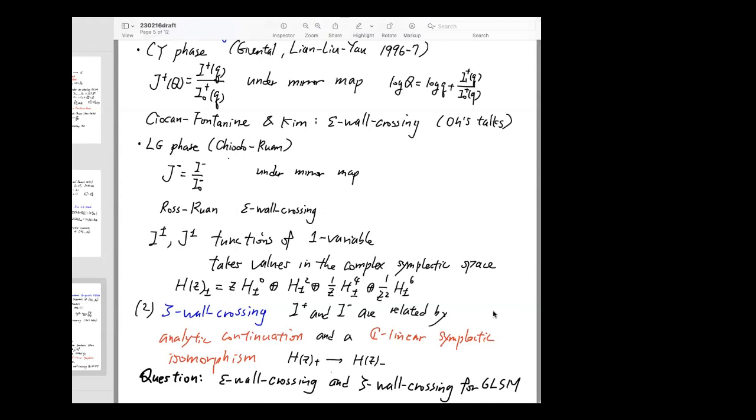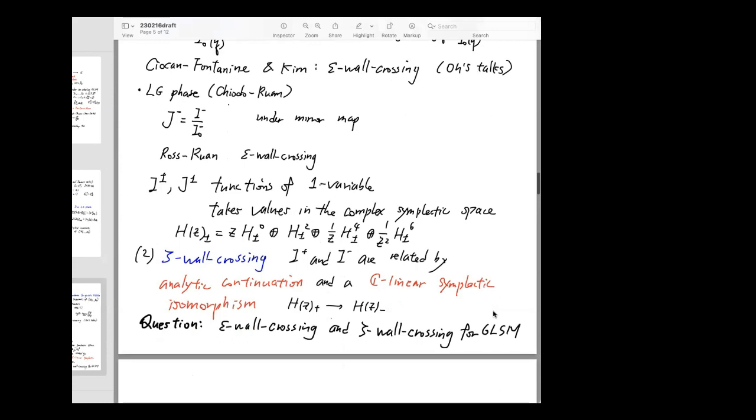Now, thanks to Fan-Jarvis-Ruan and Favero-Kim, we have a definition of GLSM invariants for general GLSMs and in all phases. So it's natural to ask whether the generalization of the Landau-Ginzburg-Calabi-Yau correspondence can also be proved by proving epsilon wall crossing and zeta wall crossing.